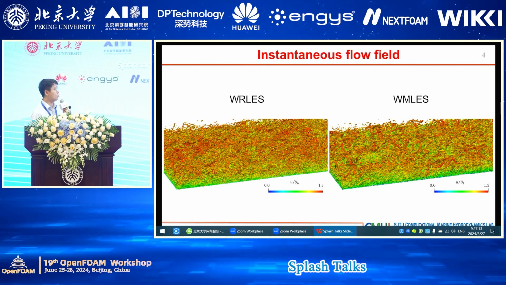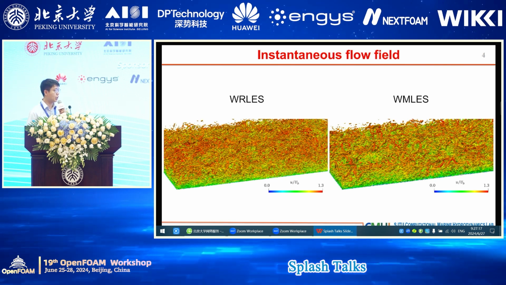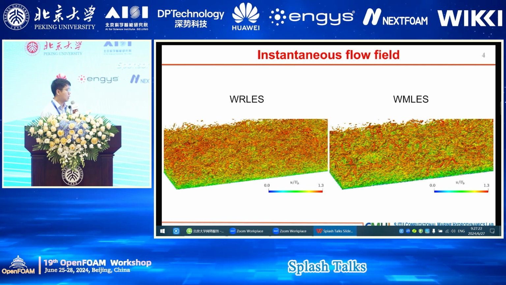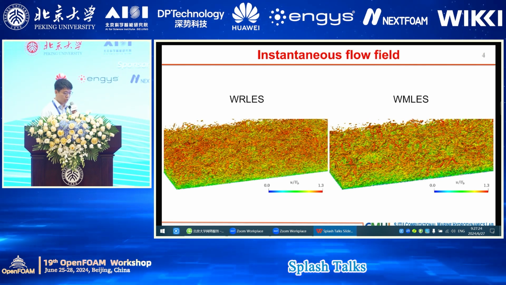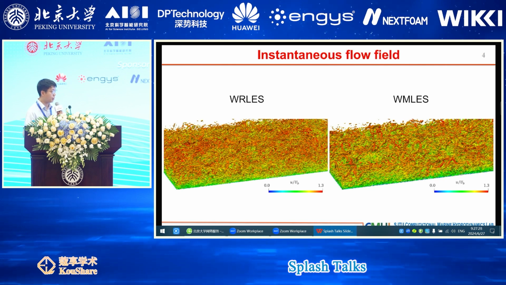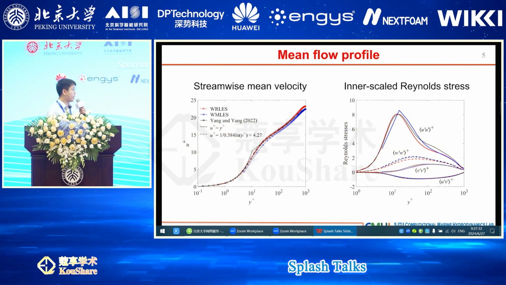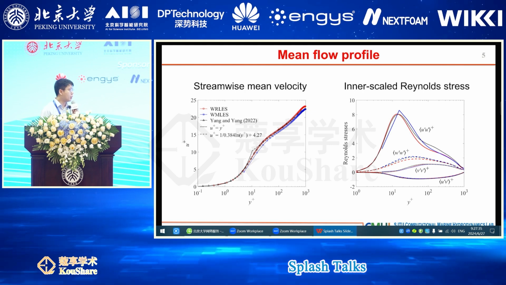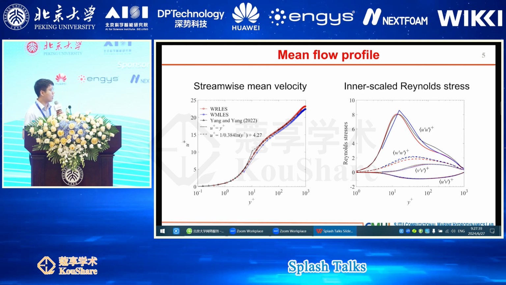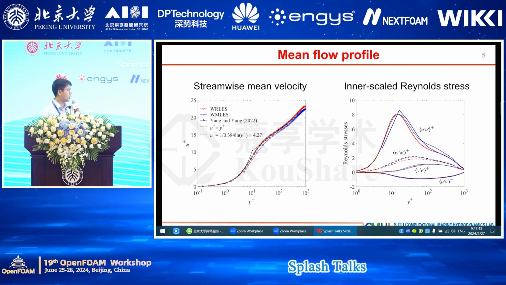And these are the preliminary results. This is the instantaneous flow field extracted by the Q criterion. We can see for both wall-modeled and wall-resolved LES, multi-scale vortex structures are captured. We have also compared quantitatively flow quantities such as the mean flow profile, with the DNS result.